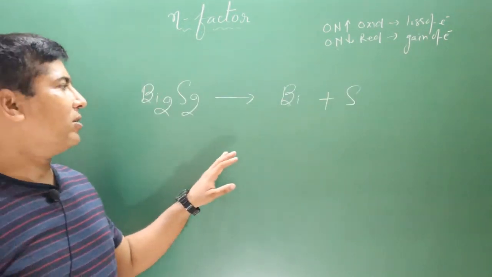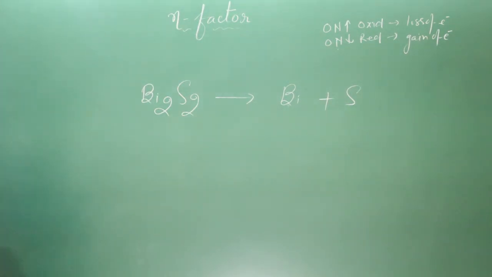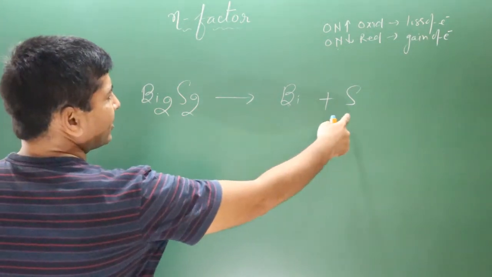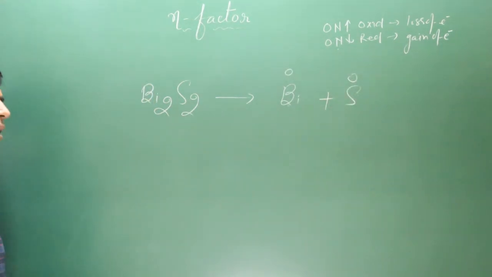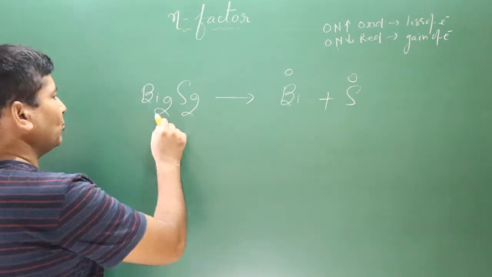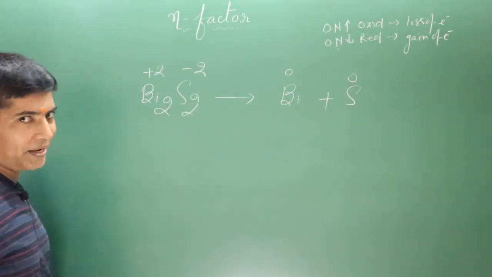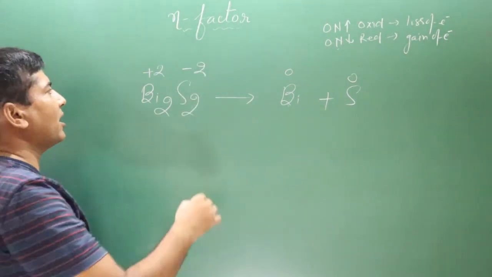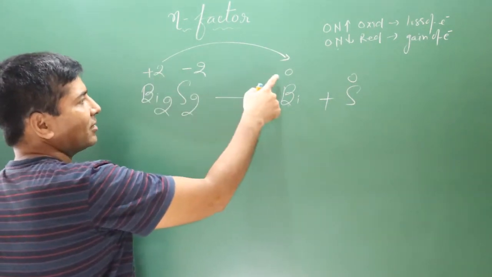The next redox reaction is given on the board. Let's write down the oxidation number on both sides of the atoms. A single element, a pure substance, always has 0 oxidation number. On the left side you can crisscross. First one is positive, second one is negative. Now we can compare the oxidation number of the same element. Bismuth is plus 2 on the left side, other side it is 0.